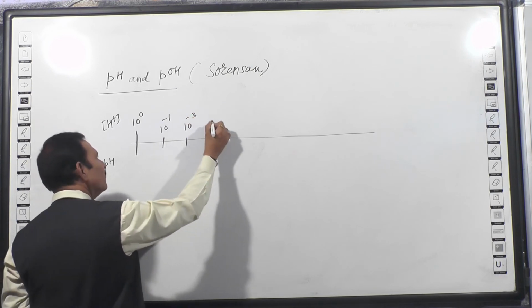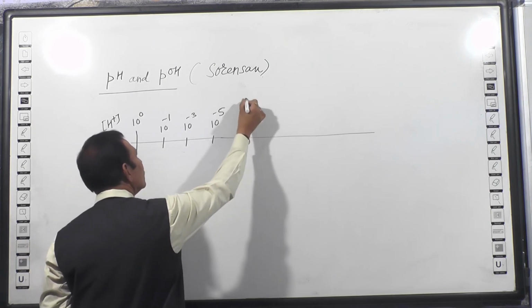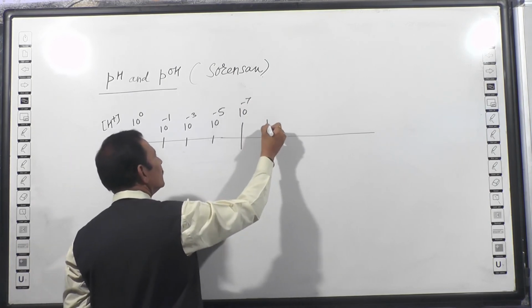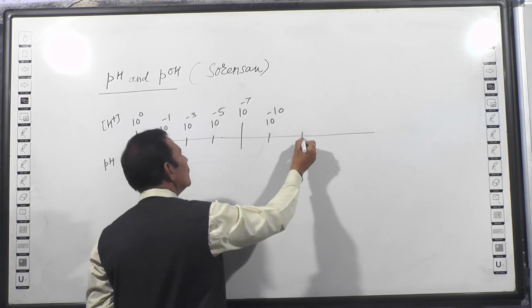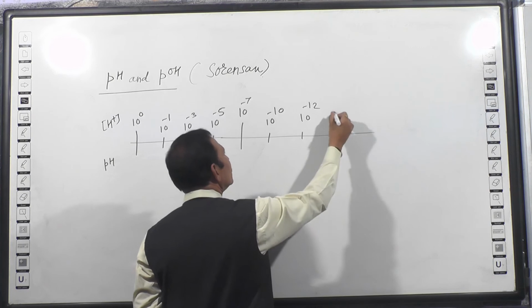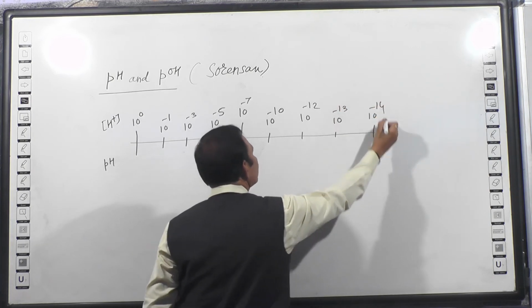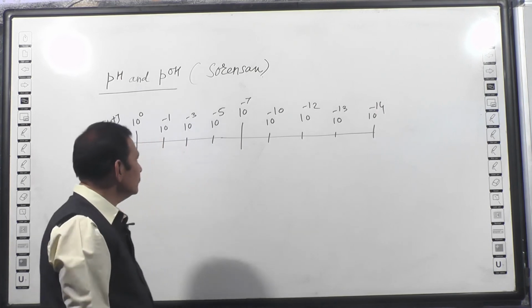Some customary values we'll take, will not take all the values. Minus 7, minus 10, minus 12, minus 13 and minus 14.